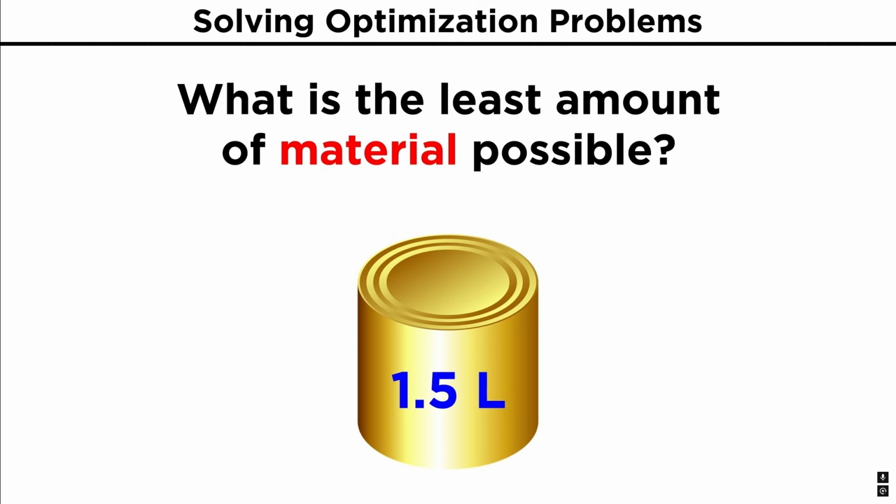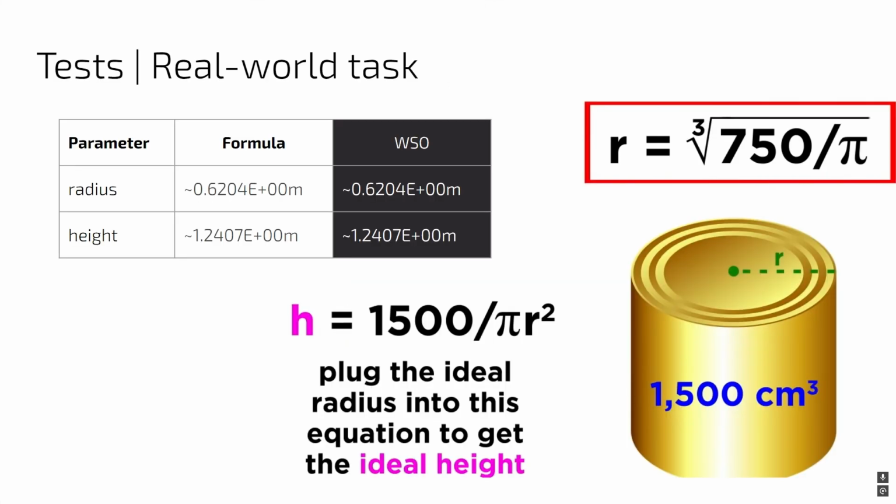We'll have two variables, one for the radius and another for the height of the can. Additionally, if the volume of the can is less than the required value, we will penalize this case by assigning it an infinitely large positive value. And voila! We get the same results as the calculation using mathematical transformations.